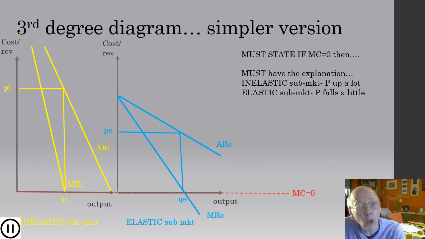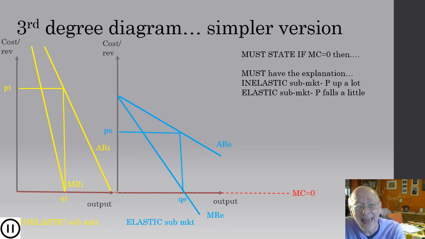So again, what you are showing is price discrimination, and the examiner might be happy with that. But you then need a much more detailed explanation. If you've got away with an easier diagram, you do need to explain it. And all you're doing is saying that in the inelastic submarket, you can increase price by quite a lot and not lose a lot of demand.